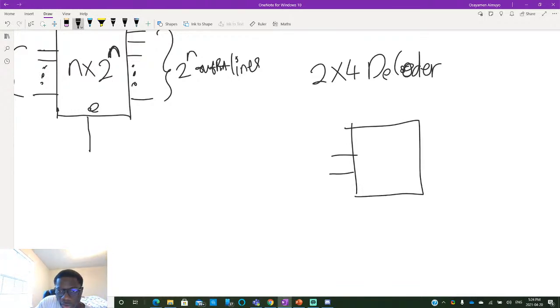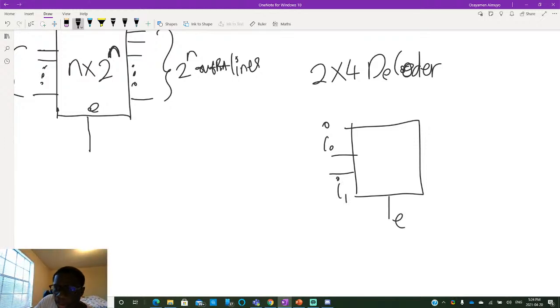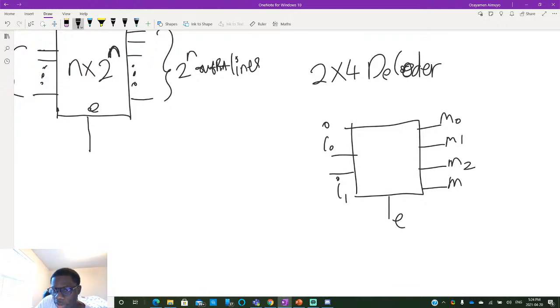We have two input lines. I'll just call these I0, I1, and then this is an enable, right? So you would have minterm 0, minterm 1, minterm 2, minterm 3.